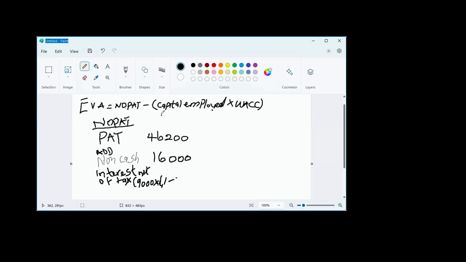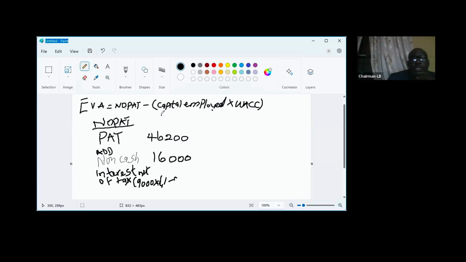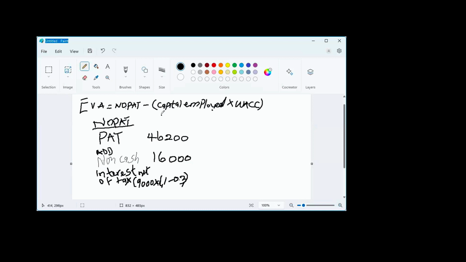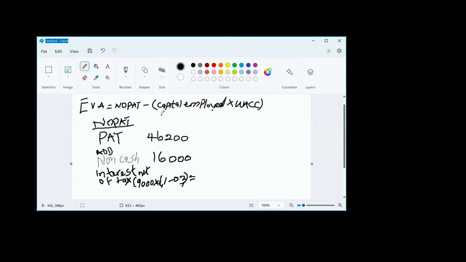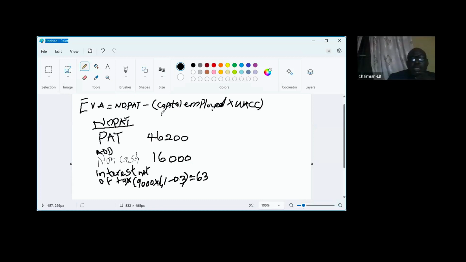So 0.3. 1 minus 0.3 will give you 0.7. 0.7 multiplied by 9,000, what do you have? 6,300.